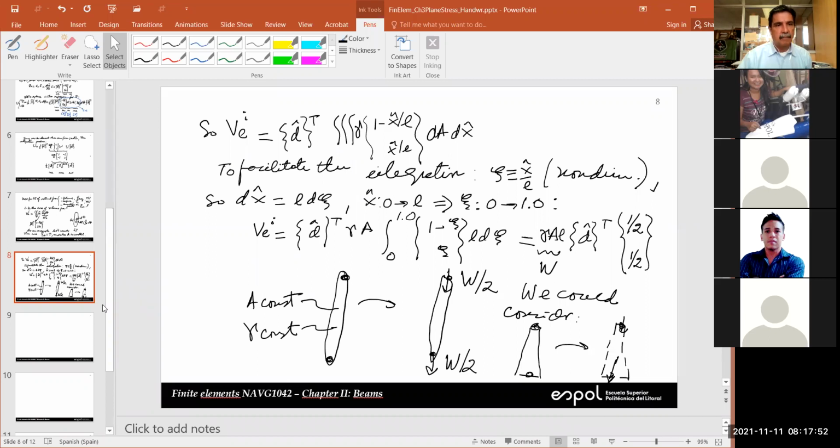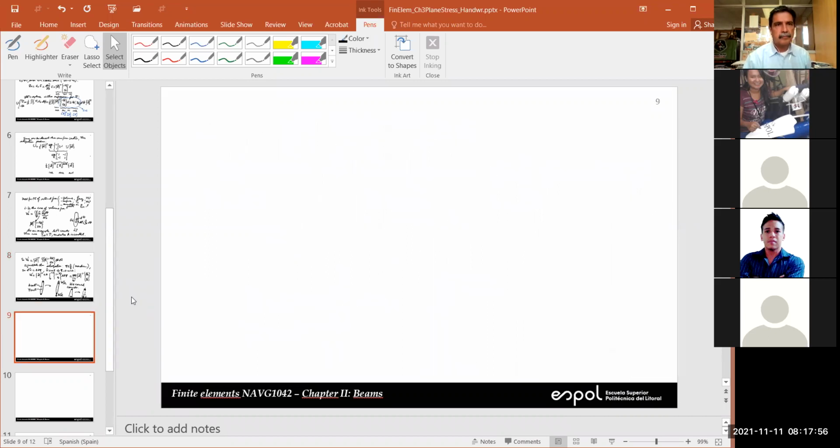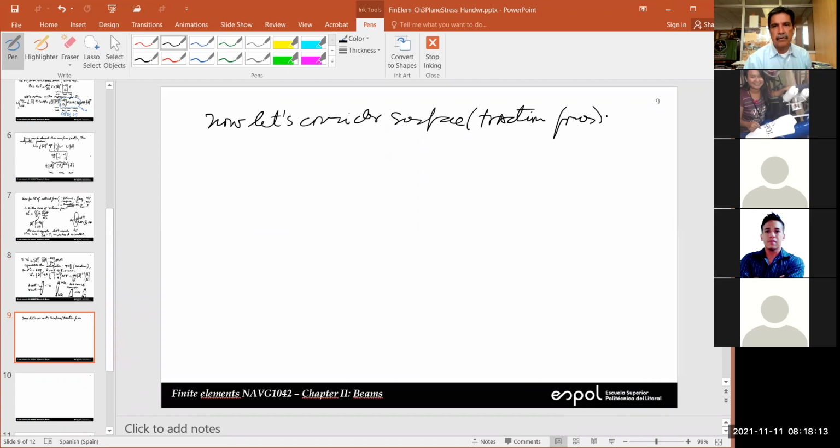Okay, so that's the first one. Now let's do the second one. Okay. So now let's consider surface forces. In some cases, they call it traction forces.